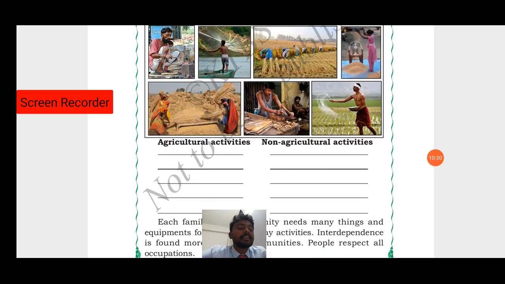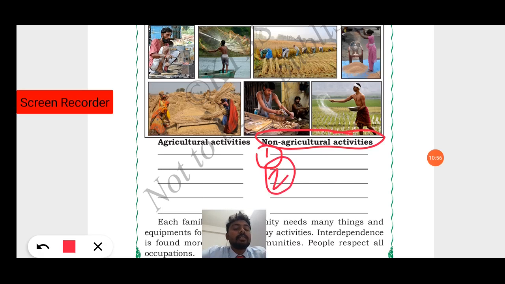You can see the second one, non-agriculture activities. Write the first one, blacksmithing. Black, smithing. Okay. Second one, carpentry, C-A-R-P-E-N-T-R-Y, carpentry.